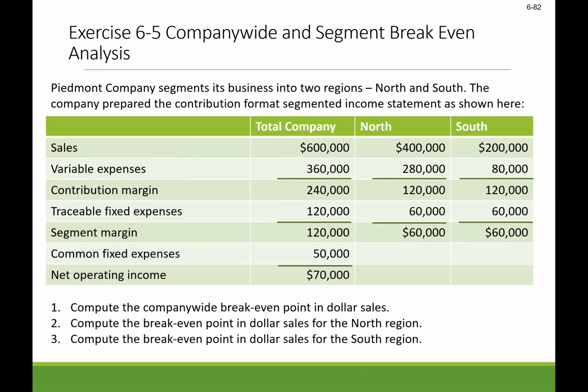The company prepared the contribution format segmented income statement shown here. Compute the company-wide break-even point in dollar sales. Then we'll do the break-even for the North region and the South region.